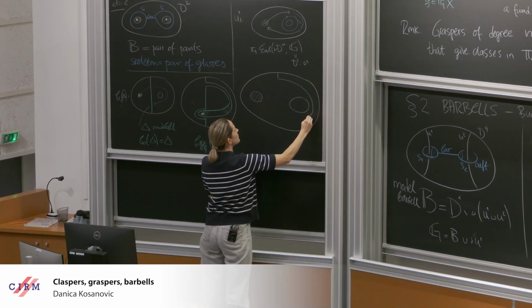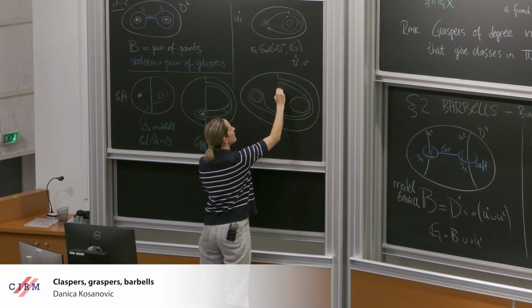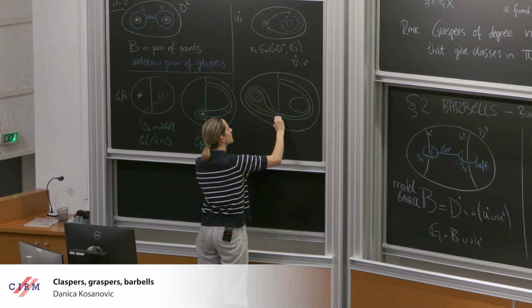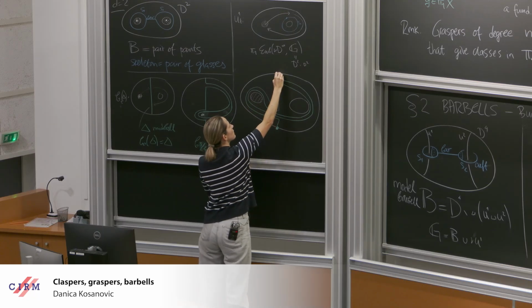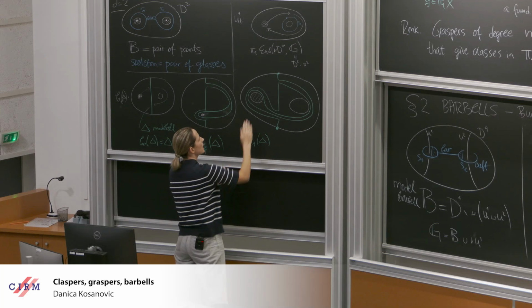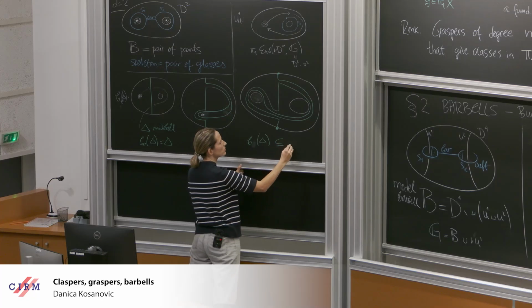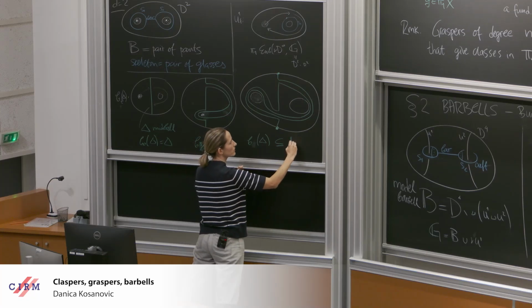This guy goes and catches here, comes back, but then goes another way. Okay, so this is B1 of delta, and now that I remove this, it is just the barbell map applied to delta. It's a new disk inside of the barbell manifold.